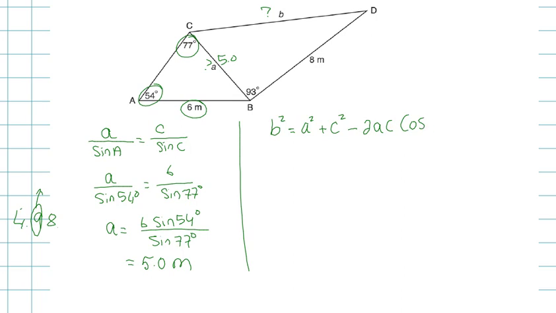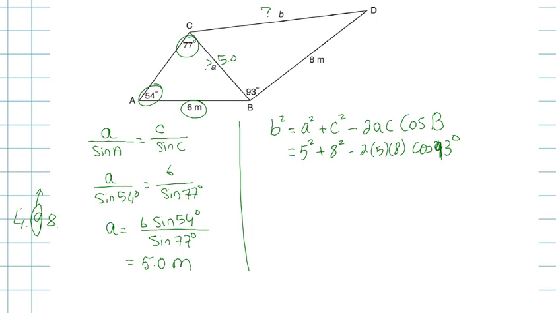So a squared is 5 squared plus 8 squared minus 2 times 5 times 8 cosine 93. When you enter this in the calculator, you either enter it all together at once, or you have to enter this, this, and this all together.